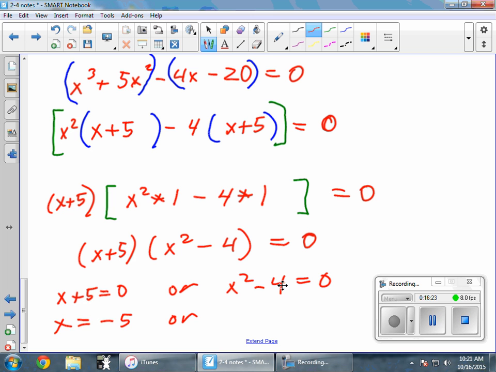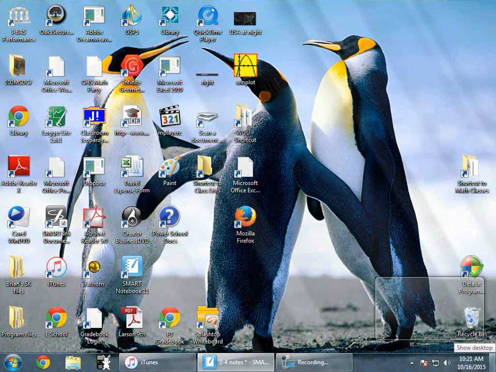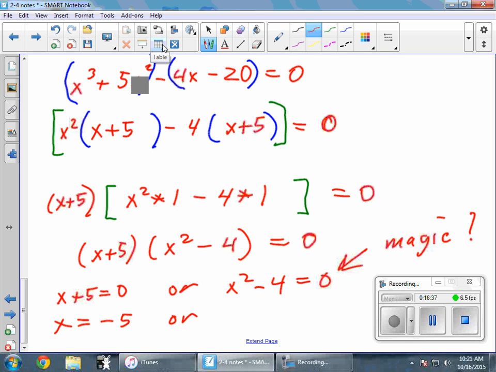Or this one I can work with a little bit because it's minus. This is magic, remember? What does x squared minus 4 equal? It's a special case, a difference of squares. Remember? x minus 2, x plus 2.